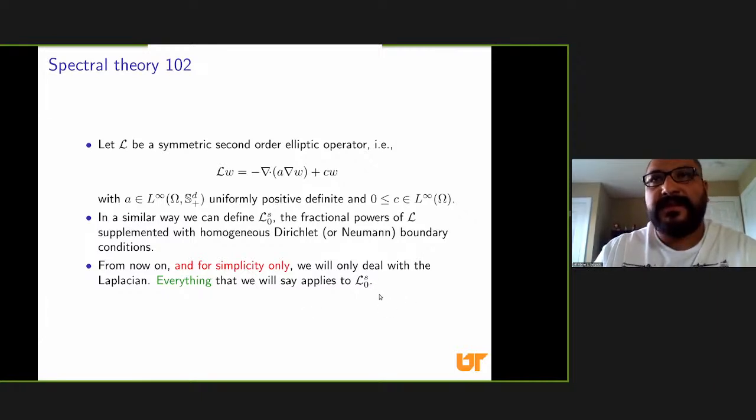So that gives you a lot of modeling flexibility, because now you have not only the power to play with, but also the coefficients A and C. Of course, let's try to keep life simple, and for the talk, let's just focus on the fractional Laplacian. So C0 is the identity.